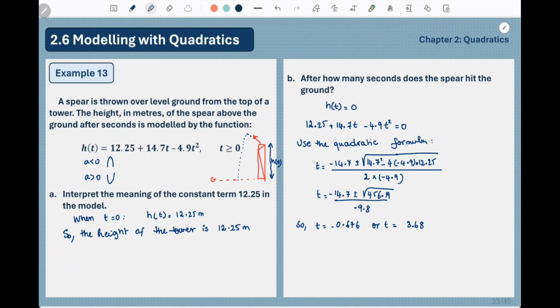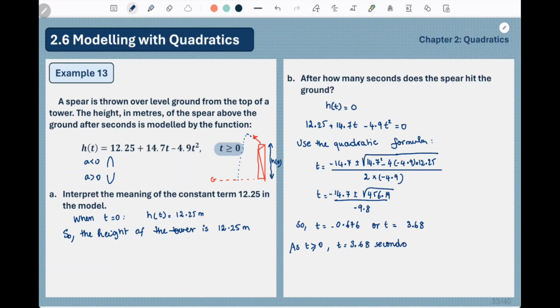Okay, so note this condition that we talked about before. Time can only be positive because time takes positive values. In the context of this problem, we will only use this value, hence t is greater than or equal to 0, t is 3.68 seconds.